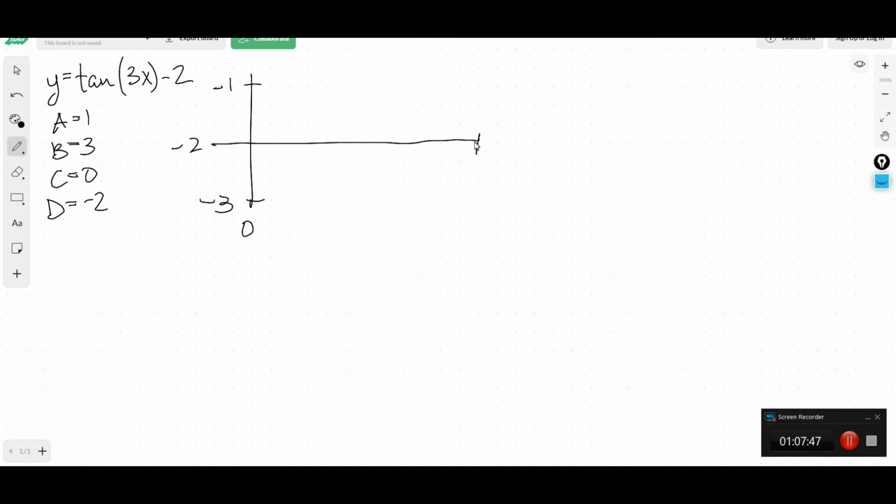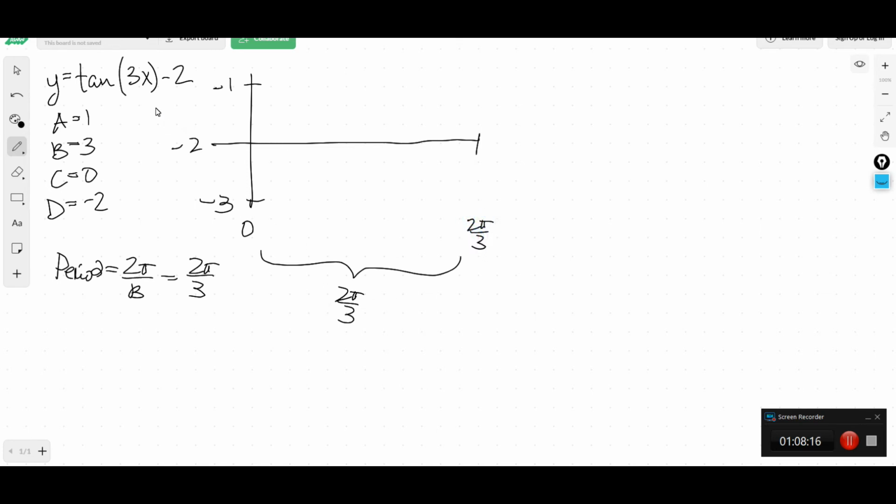We all need to remember that my period is 2 pi over b, which is 2 pi over 3. That's how far this is going to go. And in this case, that's pretty nice because we started off with 0, so we're going to end up at 2 pi over 3.